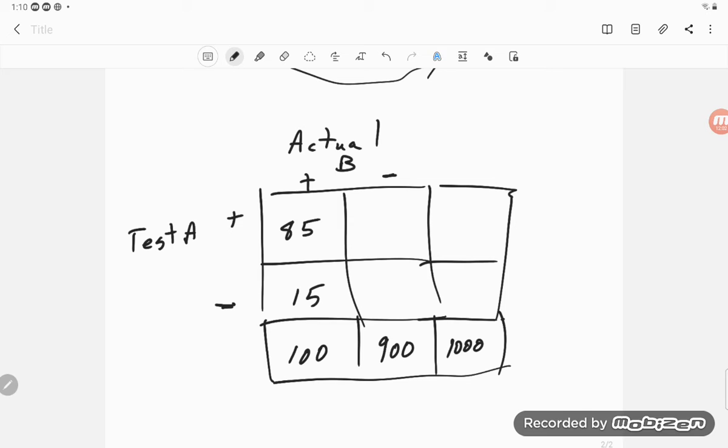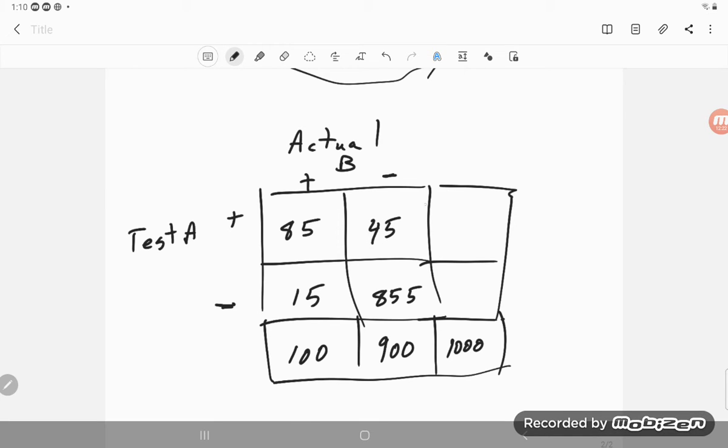And similarly, if we look at our 95% of 900, that's 855. So 855 people who are negative should test negative, and another 45 should give us a false positive. So adding these, I get 130 and 870.